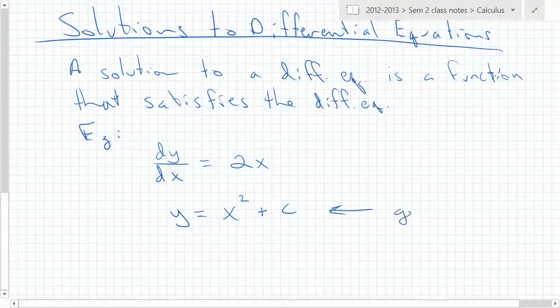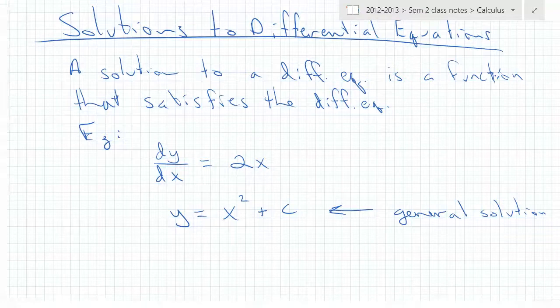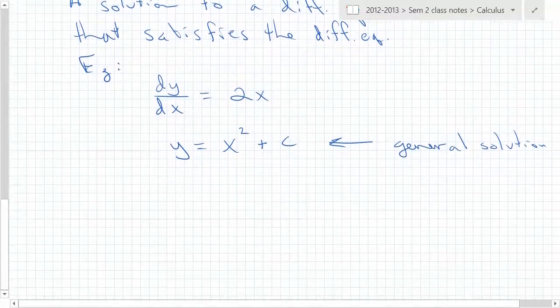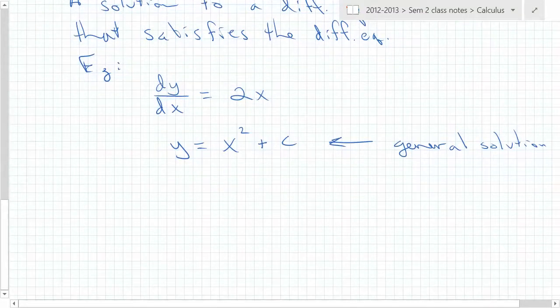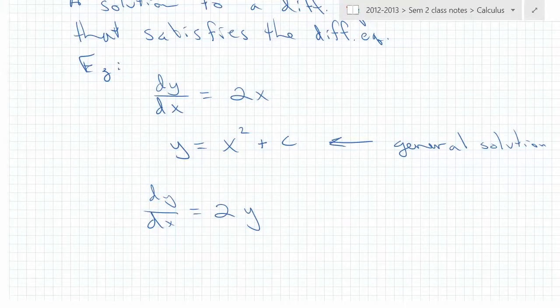And this is what's called a general solution. So you're just working backwards. A more complicated example is if dy/dx equals 2y.